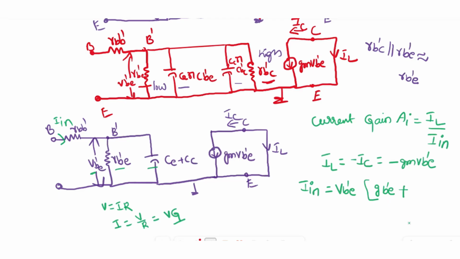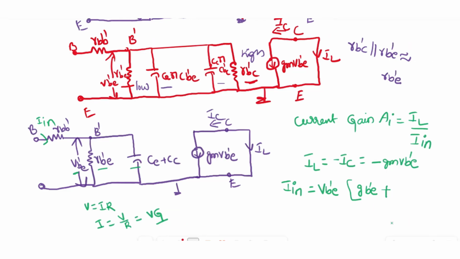Then the conductance of Ce plus Cc: the reactance is 1 by j omega C, and the conductance G is 1 by X, so I am taking j omega of Ce plus Cc.